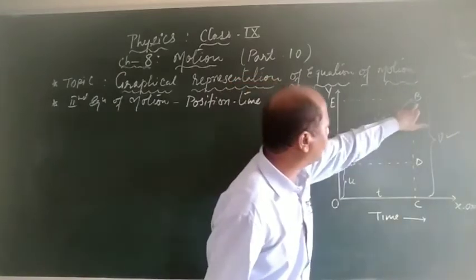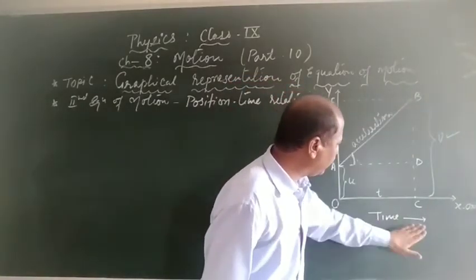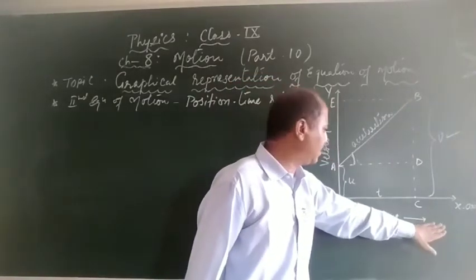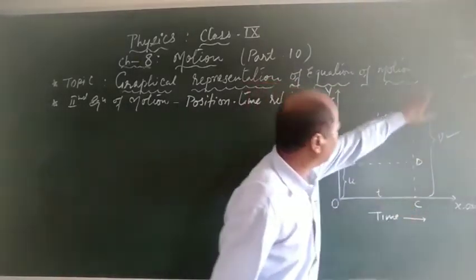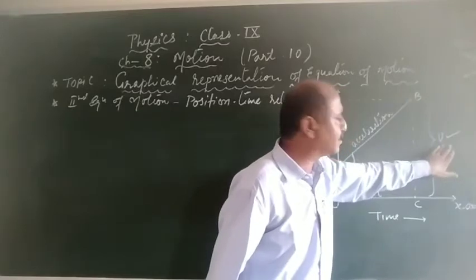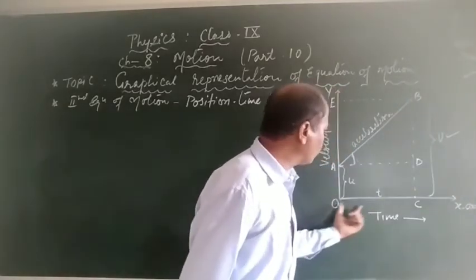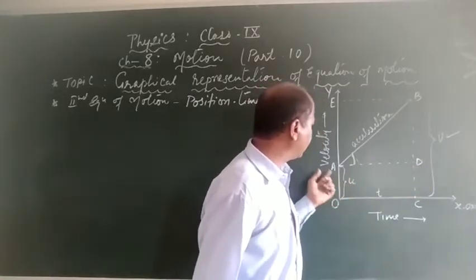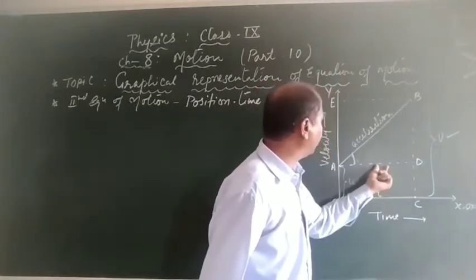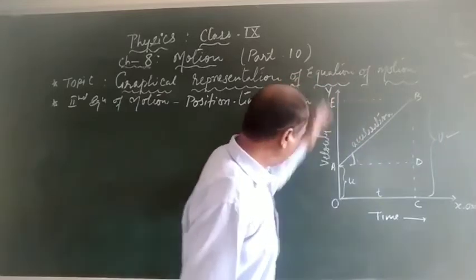When the body reaches B, BC will be the final velocity, represented by V. OC is T. Two perpendiculars are drawn: AD on BC, and BE on OY.